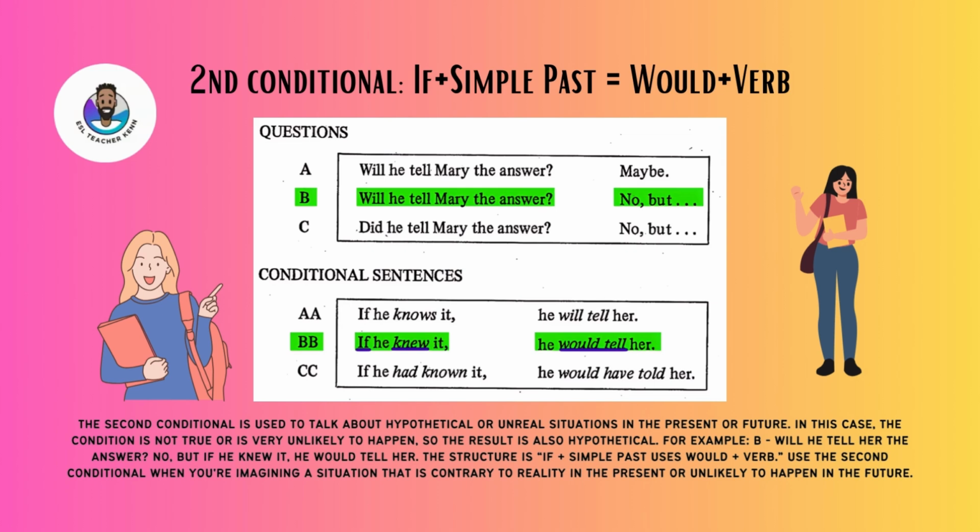No. But if he knew it, he would tell her. The structure is if and simple past, uses would and verb. Use the second conditional when you're imagining a situation that is contrary to reality in the present or unlikely to happen in the future.